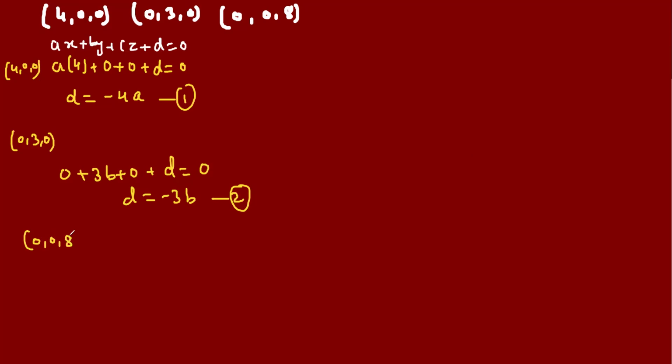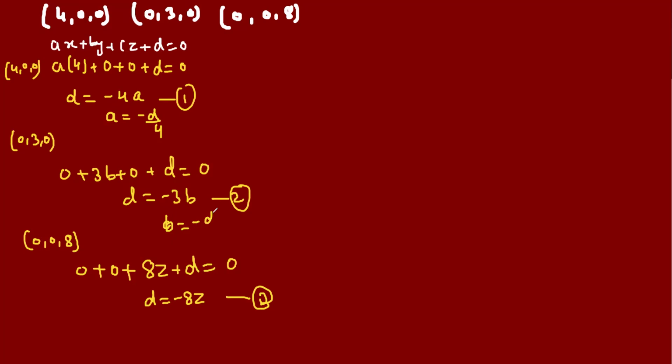Now at (0, 0, 8). So you are getting A is equal to minus D by 4. B is minus D by 3, right? And C is minus D by 8.